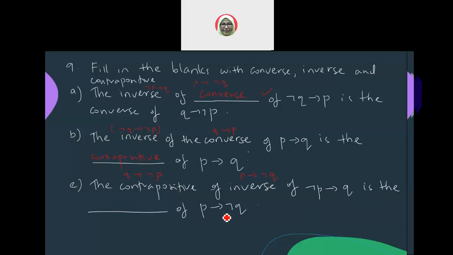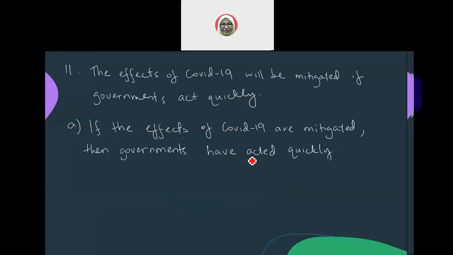It is the inverse, right? It is the inverse of this. Okay.